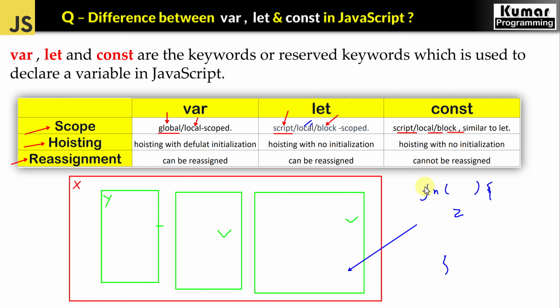Now if in this function I have created an if block, and inside this block I have created a variable like m, this m variable is going to be accessible inside this if block only, and it is not going to be accessible outside of this if block. So this m variable has a block level of scope, right?